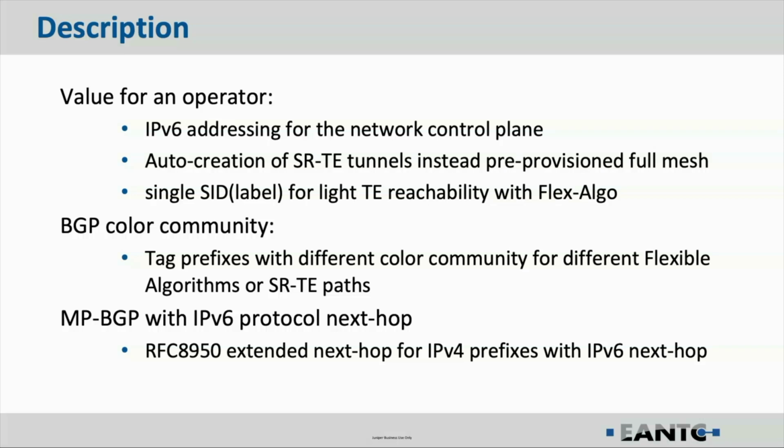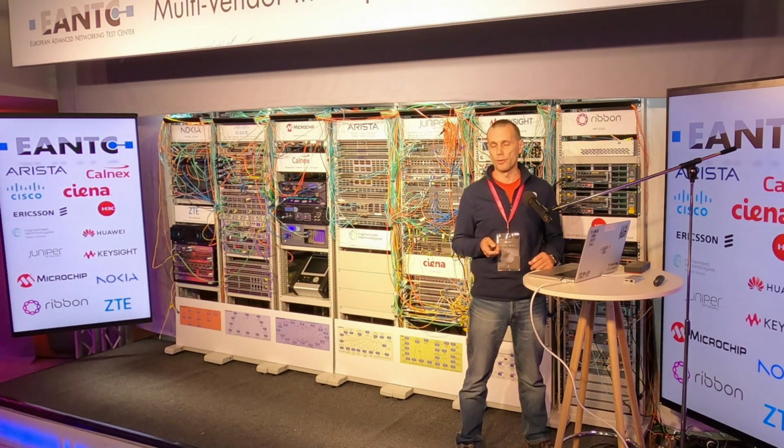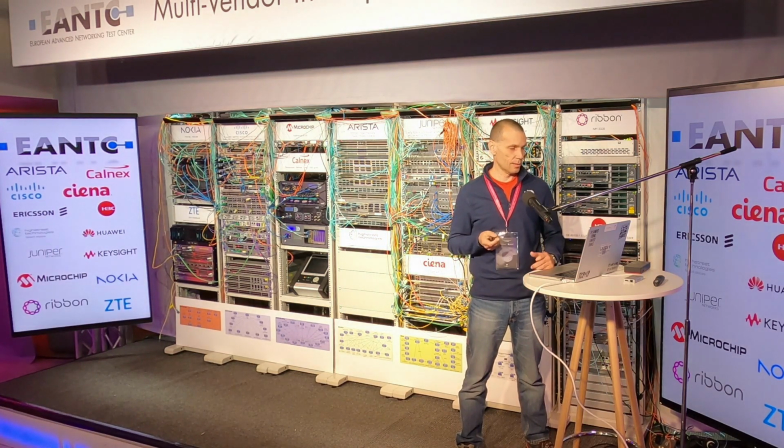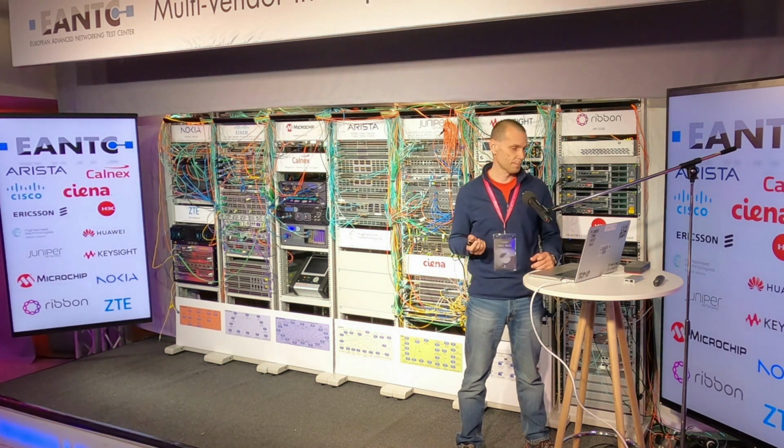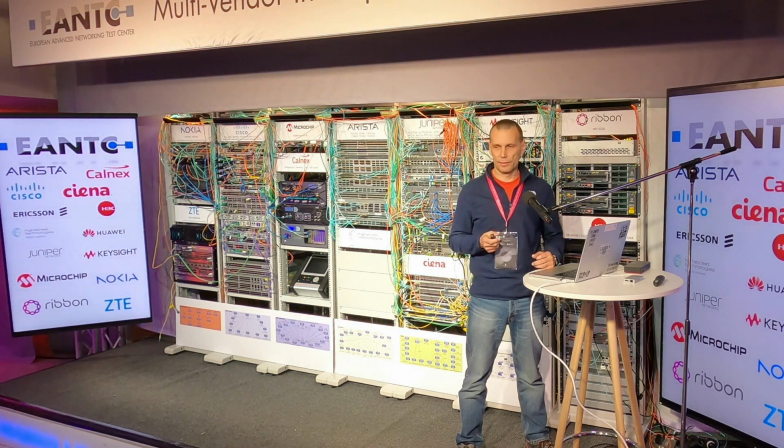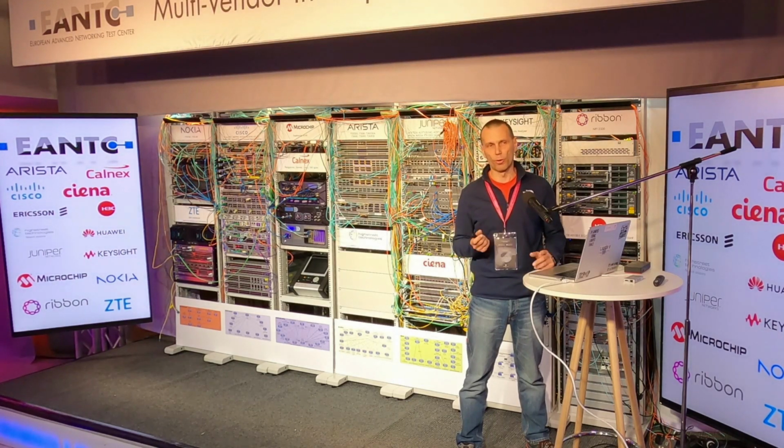And in general, I think that this use case could be useful for operators, especially for those who want to reuse their existing MPLS structure so as to smoothly migrate from IPv4 to IPv6. Basically, all you need to do is just replace IPv4 addresses with IPv6 ones.